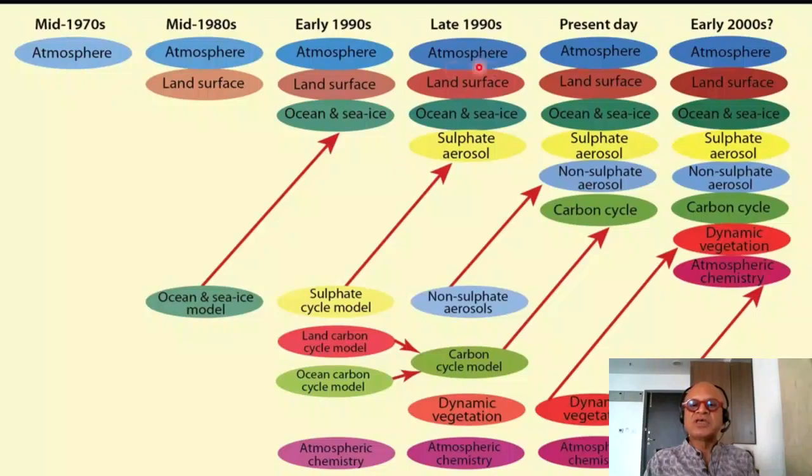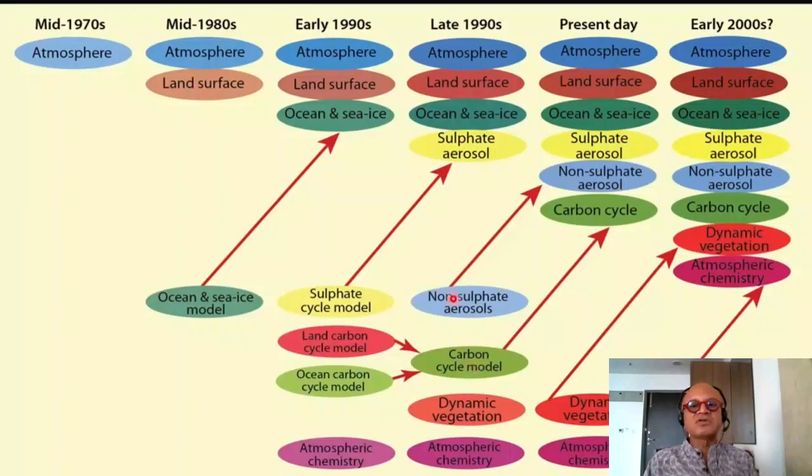So earlier models were already running with atmosphere, land, ocean, sea ice coupling, as well as sulfate aerosols, which had mostly what are called direct effects, so that they were just affecting radiation without necessarily affecting cloud processes, cloud microphysics, and so on. And then land carbon and ocean carbon models were coupled by the late 1990s to create carbon cycle models that were run offline, in the sense they were not interacting with the climate, atmosphere, ocean. They were just using the atmosphere, ocean circulation to just do carbon cycle.